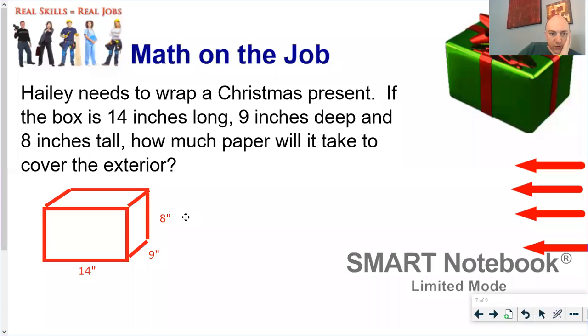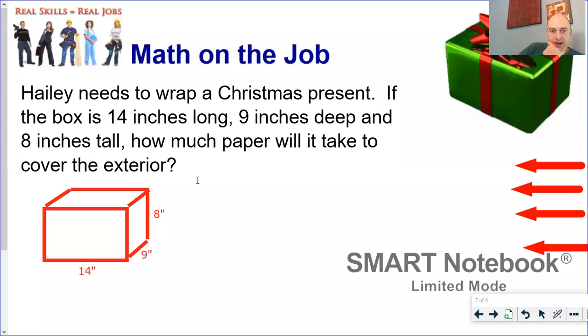Right, so box that's 14 inches long, 9 inches deep, 8 inches tall. What are all of our surfaces going to be? The paper to cover the exterior is going to have to cover the front and the back, the top and the bottom, and the left and the right. We can do this with a net again. Sometimes that's the easiest way to make sure you don't miss anything.